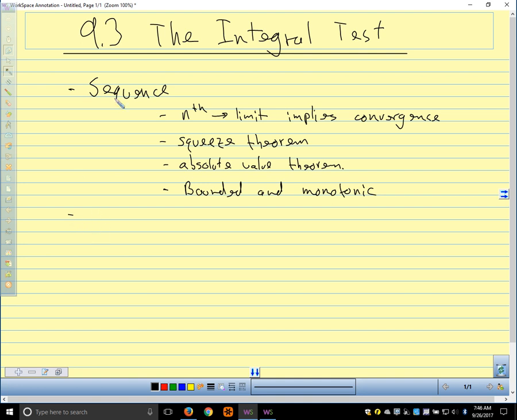All right, and then we jumped to talking about series. And remember, for series, we're adding the terms together. And for convergence of a series, everything that we talk about has to do with the sequence of partial sums converging.